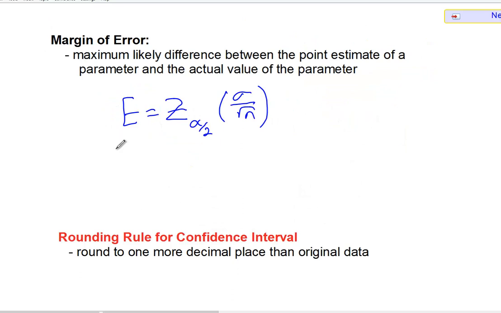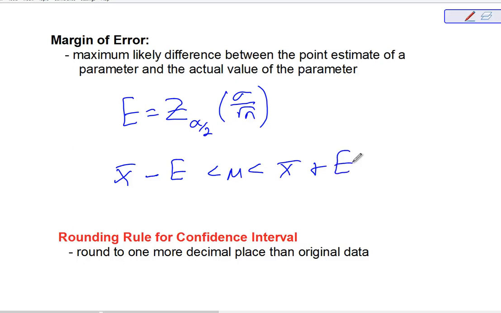So I can rewrite my confidence intervals as x bar minus E less than mu less than x bar plus E. So E is what we add and subtract on. It's that plus or minus portion that we're looking at. We take our sample mean and we add or subtract a little bit. It's that buffer zone. How confident do we want to be in our numbers?